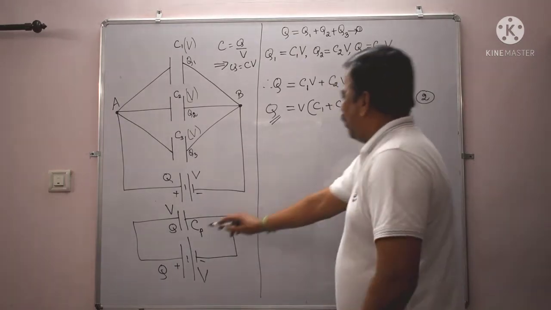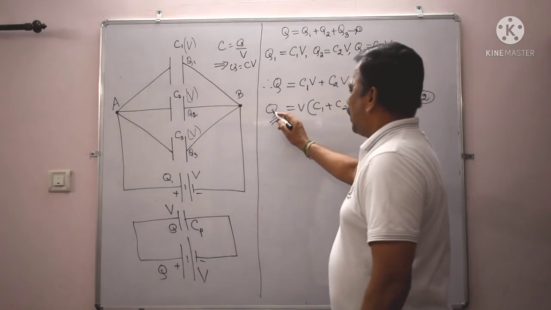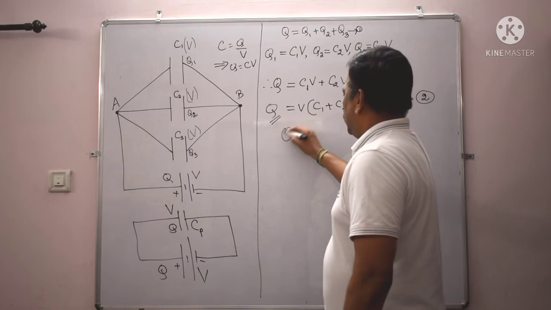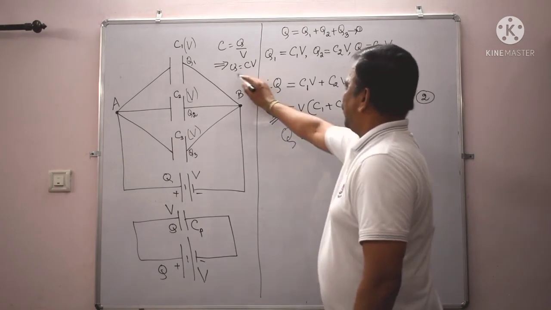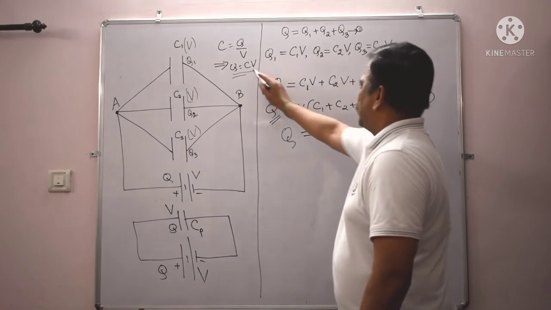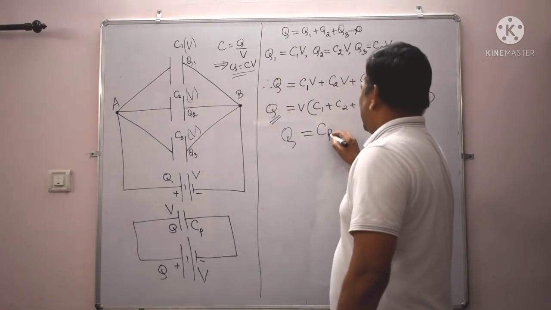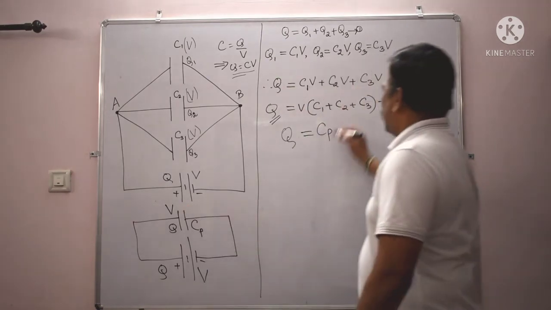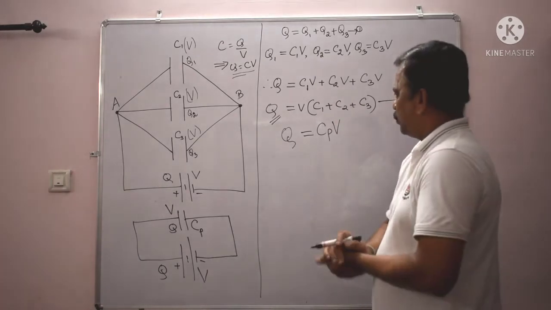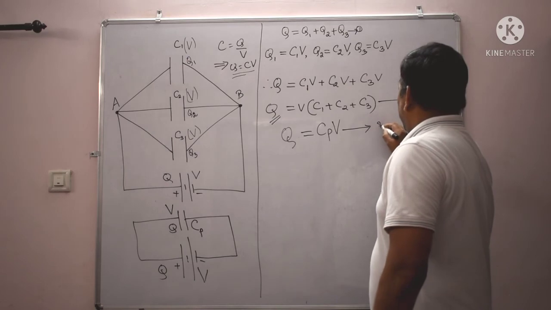Okay. So now let me write the total charge in terms of the effective capacitance. So Q is equal to, using this, the total charge is stored by the total capacitance. So instead of C, I'll be using C sub P into the voltage V, where V is the voltage across the plates of the total capacitance. So let me take it as number 3.